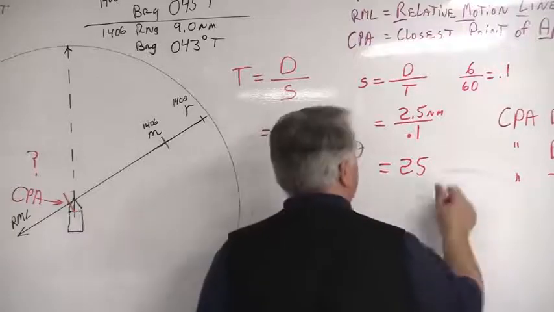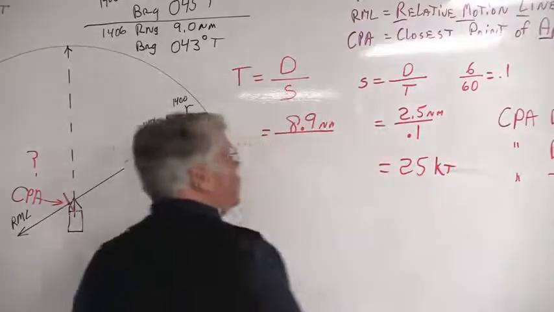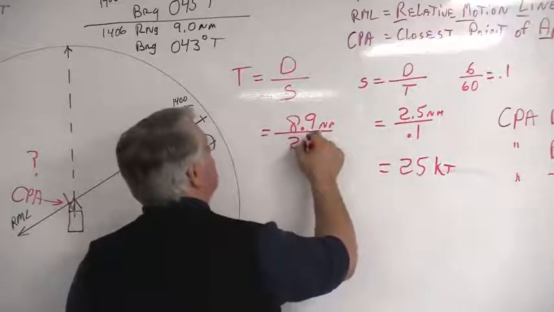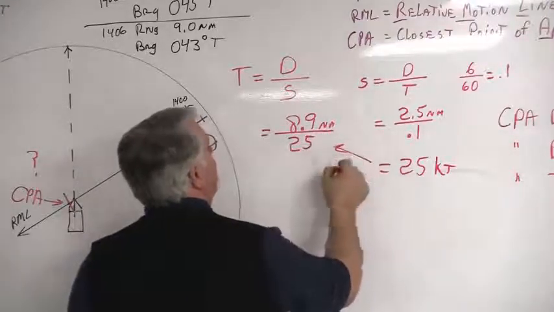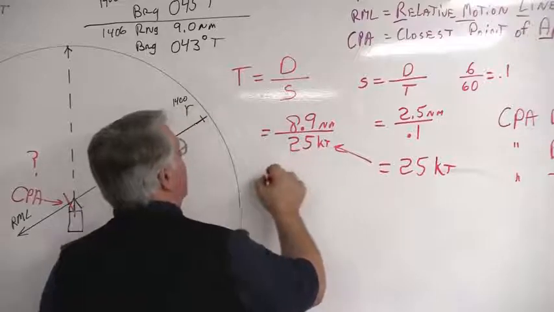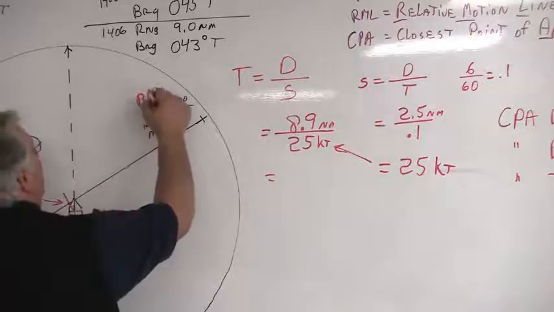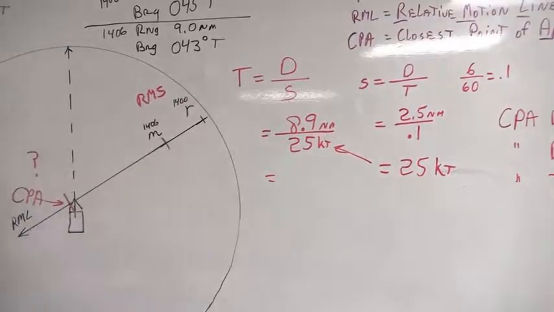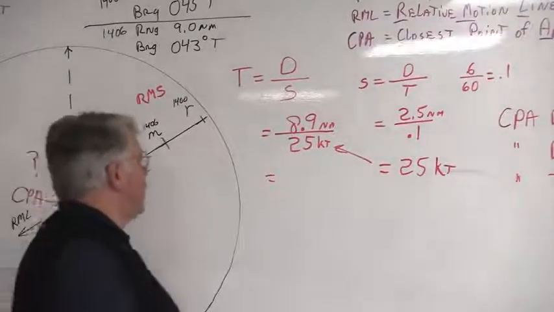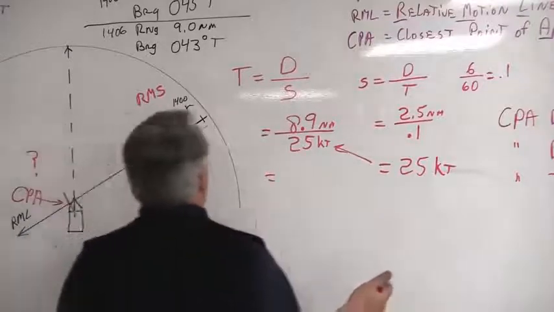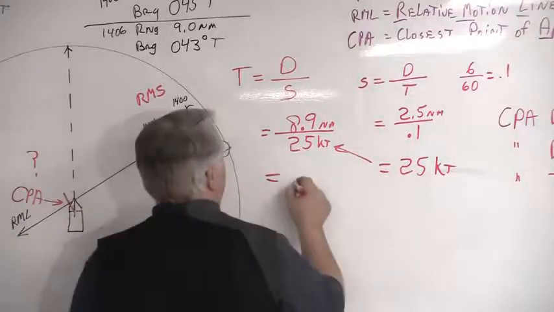And I labeled it wrong, we'll correct that. Okay, so 25 knots. So here is our speed that we use in this problem, 25 knots. That's his relative motion speed. We call this the RMS. And that's an algebraic summation of his course and speed and my course and speed down the relative motion line.